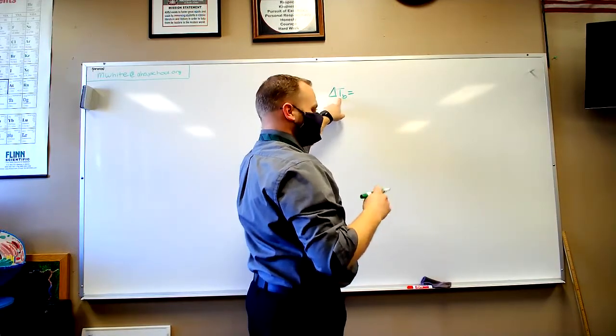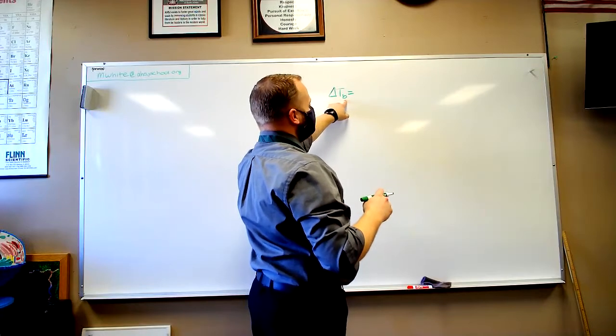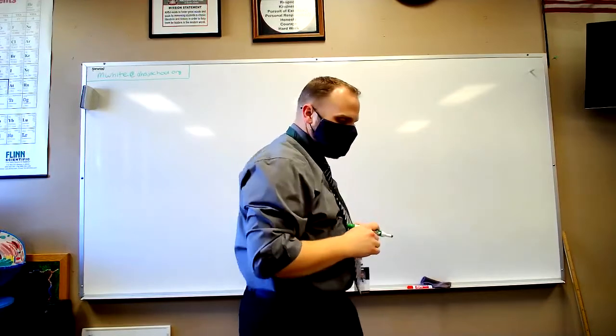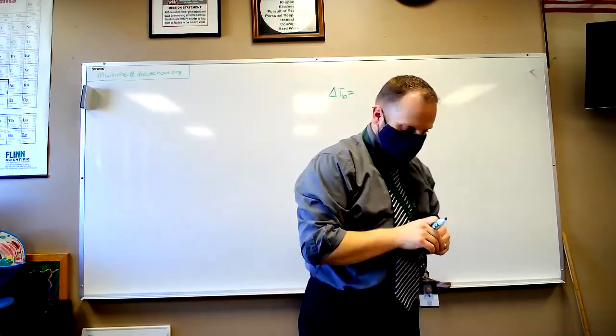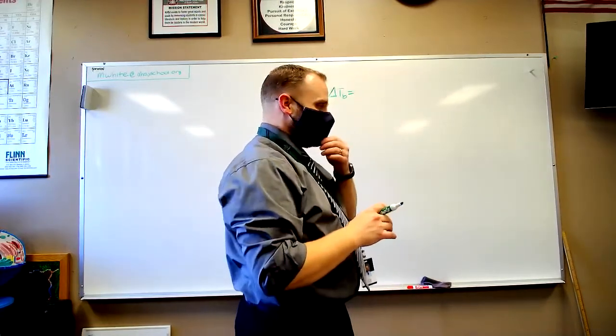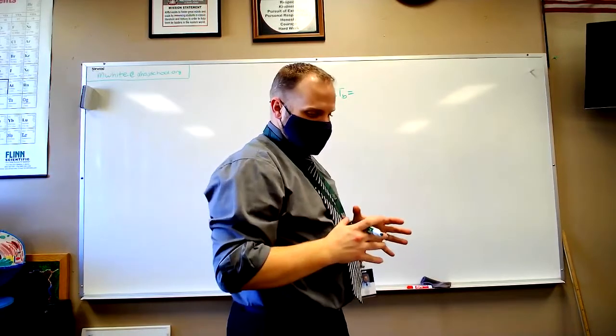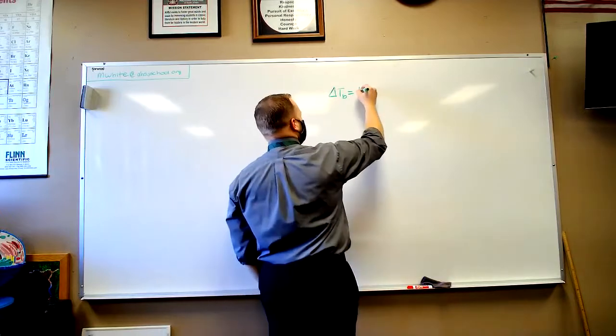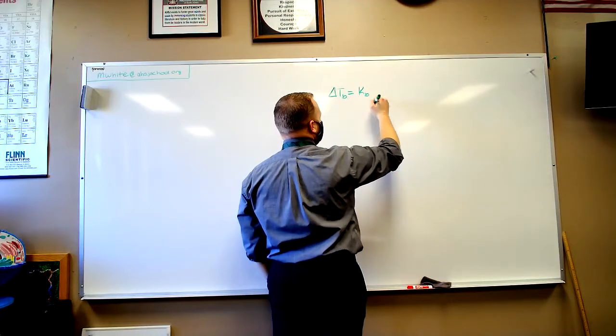T is temperature. The little b means it's the temperature of boiling. This triangle is actually a Greek letter. It means delta, and it means the change. And then we have K sub B.